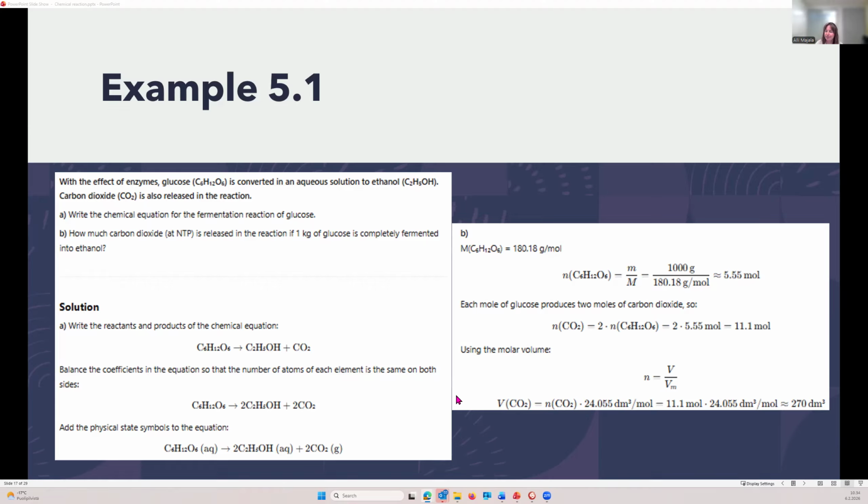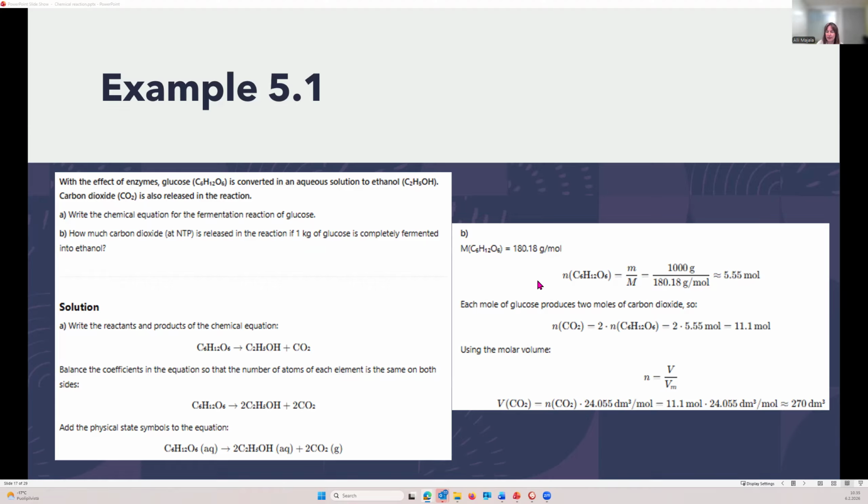Okay, so then how much carbon dioxide, many times we might be interested in this, is released if 1 kilogram of glucose is completely fermented into ethanol. So also in this kind of a fermentation reaction, we manage to produce carbon dioxide. And we know that we make 1 kilogram of glucose into ethanol.